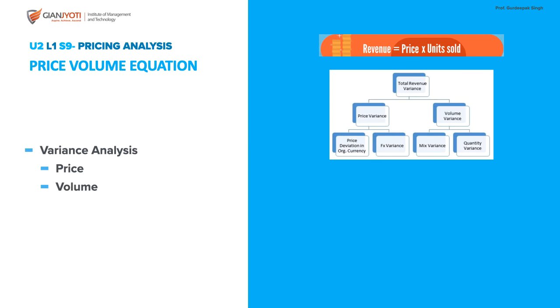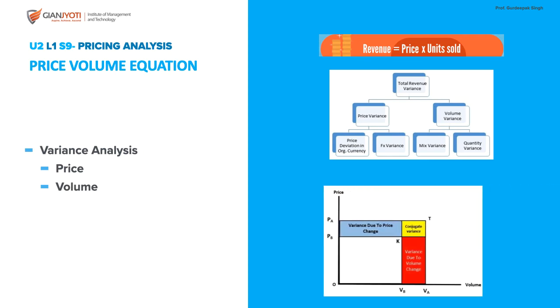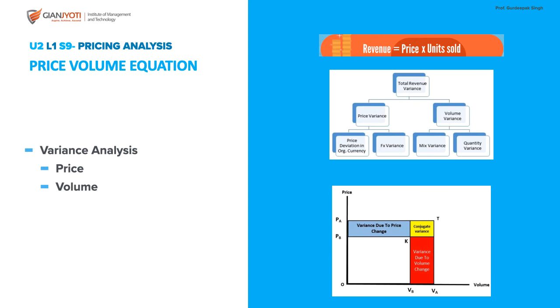Similarly for volume variance, is it the mix variance? You have many products and you are giving a package, right? So is it the mix of the products which is giving rise to that volume variance and then the revenue variance, or is it the quantity variance? It is just the quantity of that product, right? So you do those analytics here.